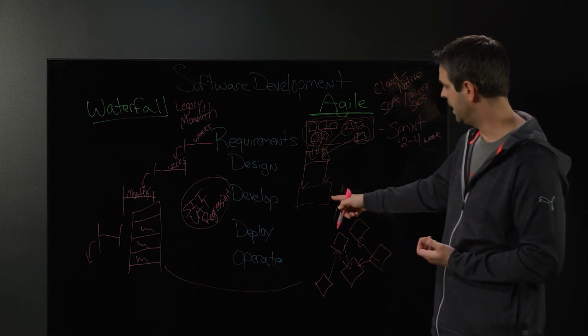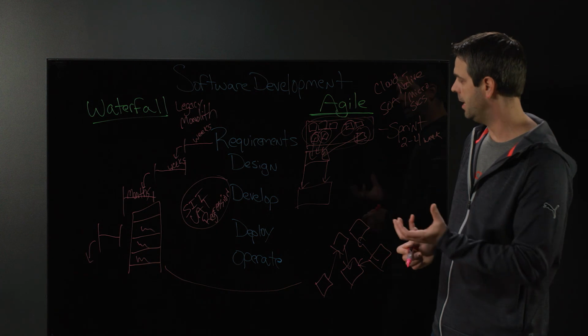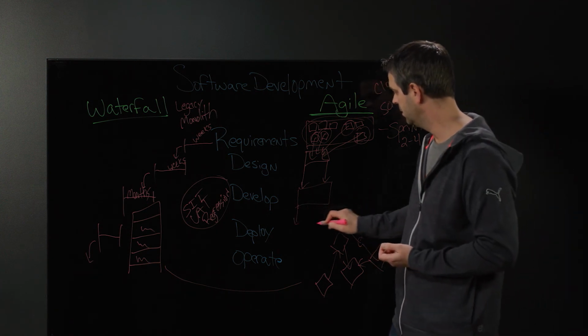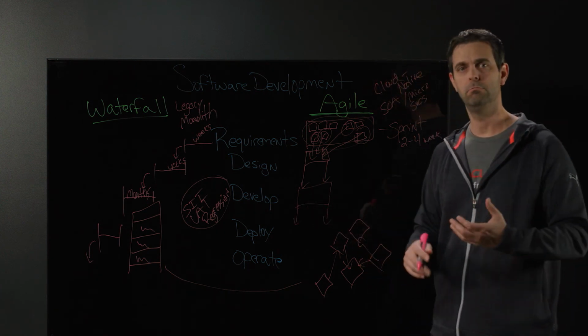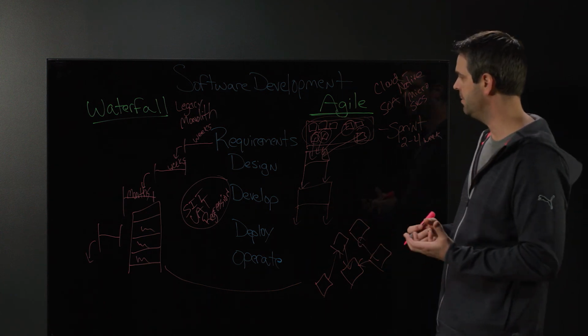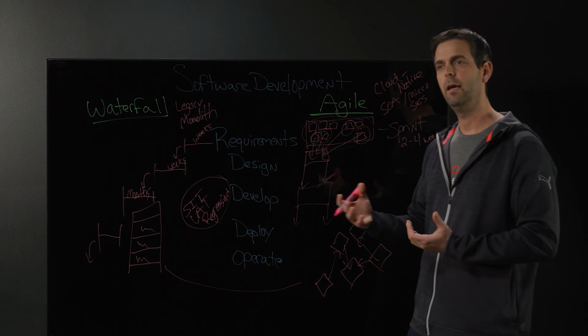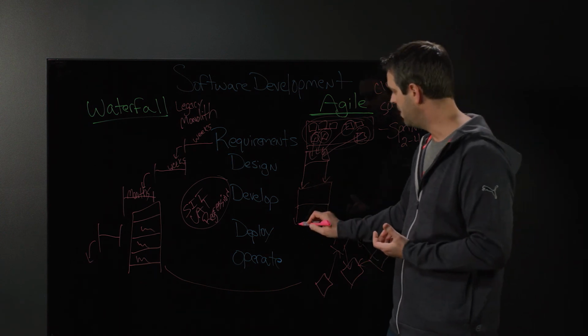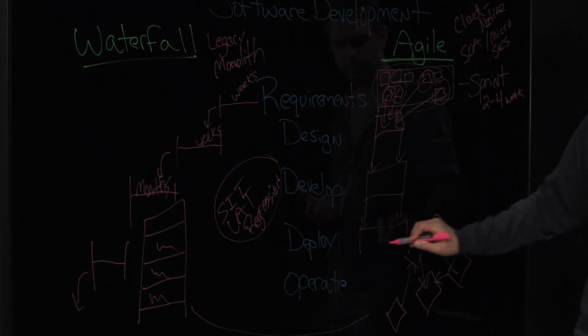That collection of code is then pushed into the subsequent environment, typically a development or a QA type environment. Additional testing is performed, and then it's deployed to production, and we go into an operating mode.